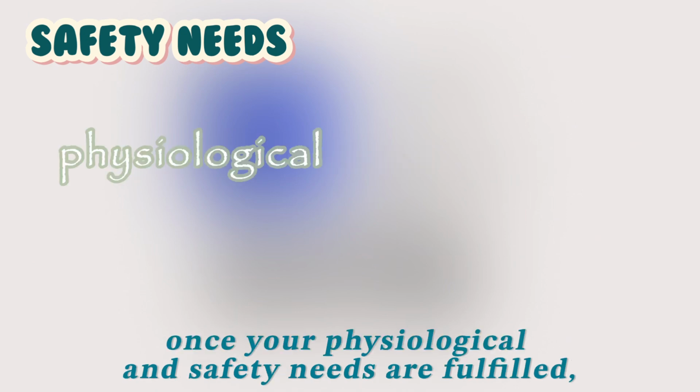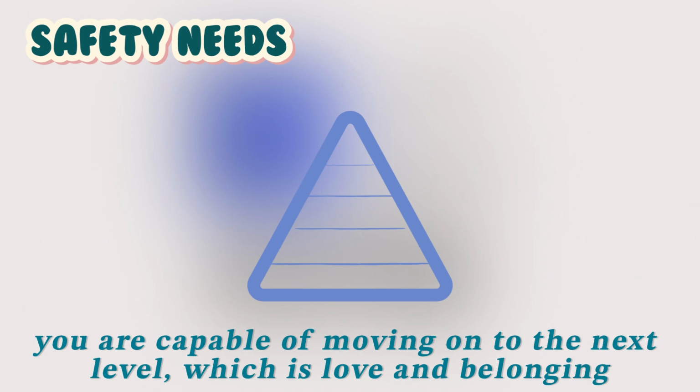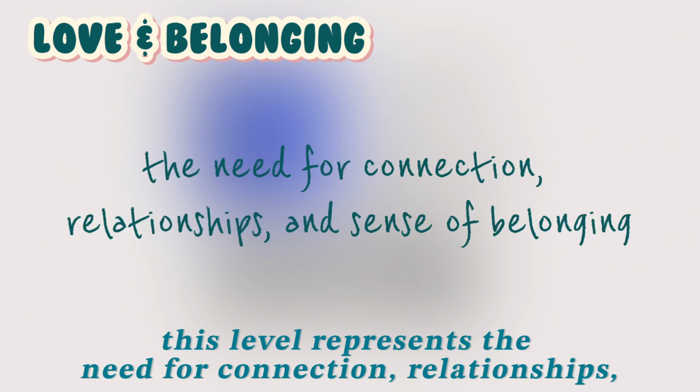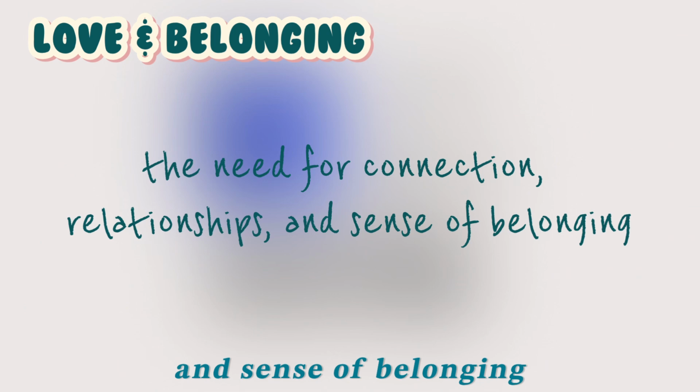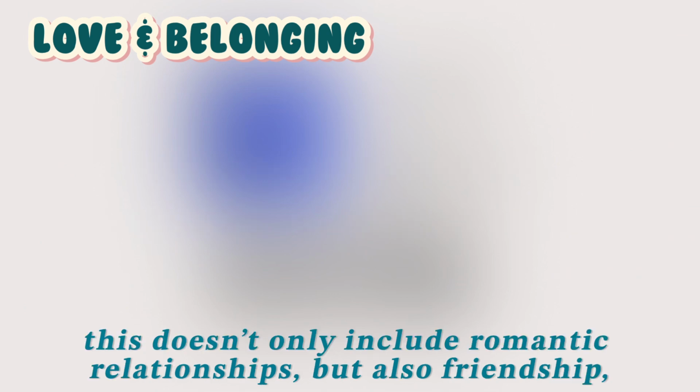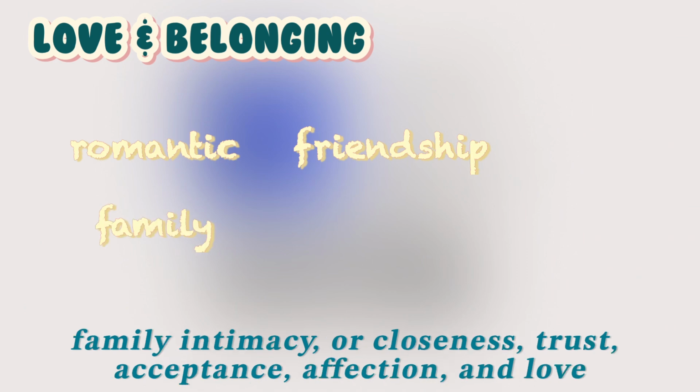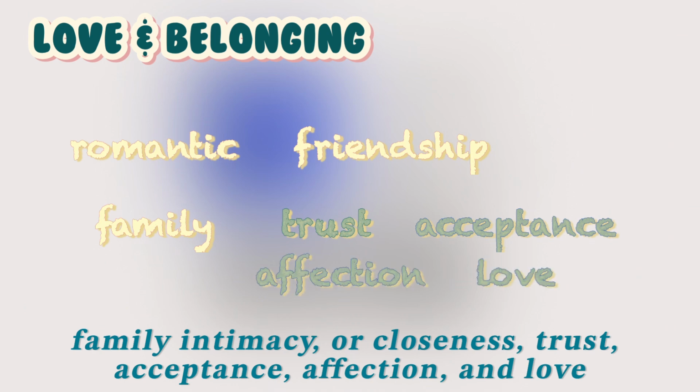Once your physiological and safety needs are fulfilled, you are capable of moving on to the next level, which is love and belonging. This level represents the need for connection, relationships, and a sense of belonging. This doesn't only include romantic relationships, but also friendship, family intimacy or closeness, trust, acceptance, affection, and love.